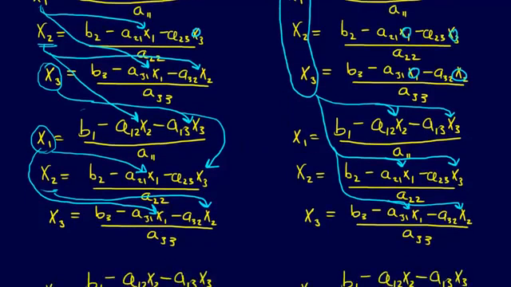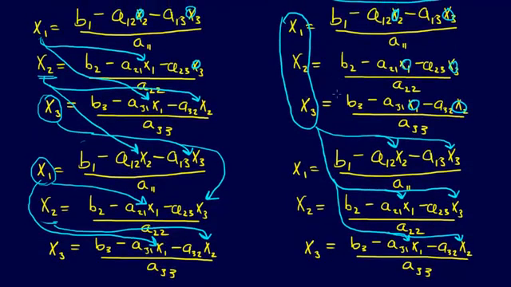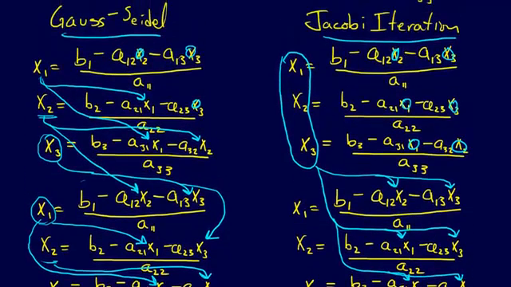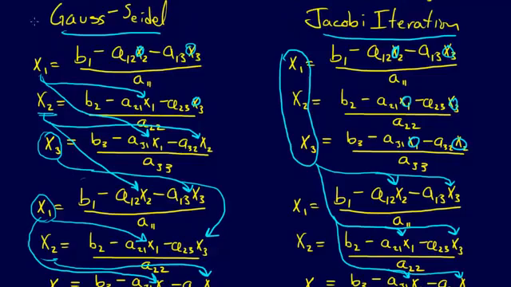The Jacobi iteration is a little bit simpler because you can do them all in one batch. But typically, if you're going to choose between the two, you'll typically stick with the Gauss-Seidel method. The reason is that it tends to converge faster, because we're always using the latest guesses.